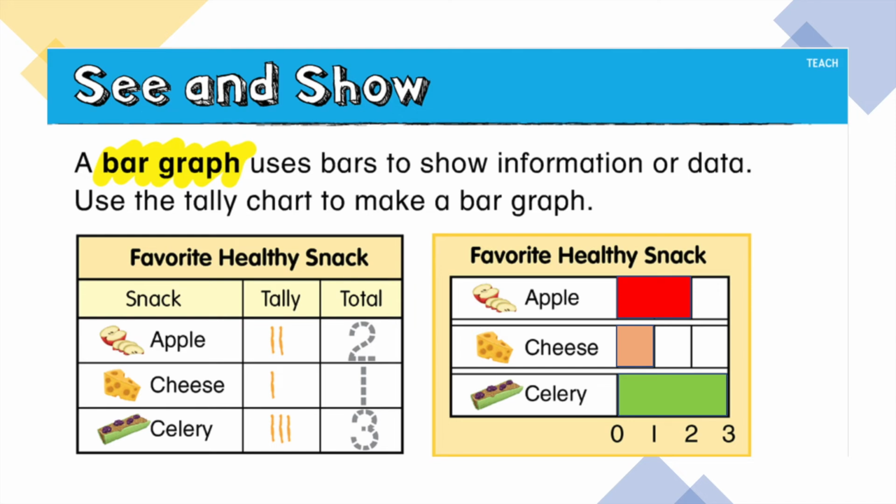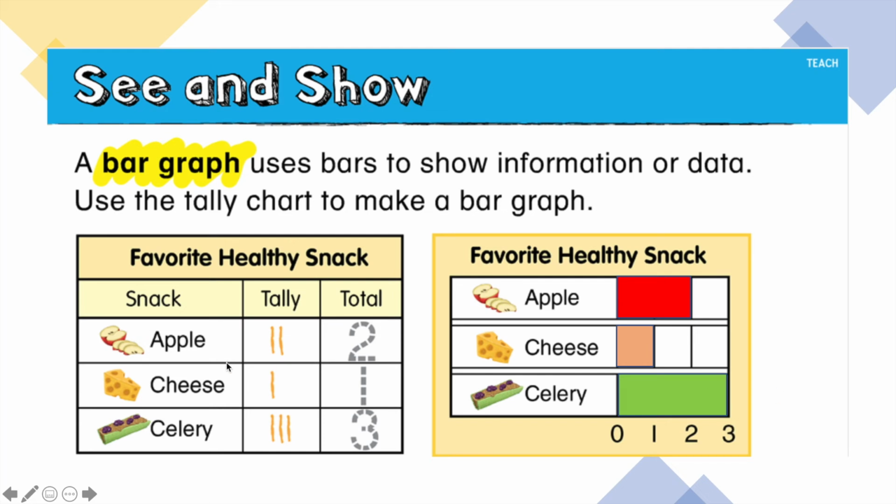If we look at the tally chart, we could see that 2 people voted for apple, 1 person voted for cheese, and 3 people voted for celery. So when we make our bar graph, apples should show 2. Stop at 2. Cheese should show 1. Stop at 1. And celery should show 3. So stop at 3.